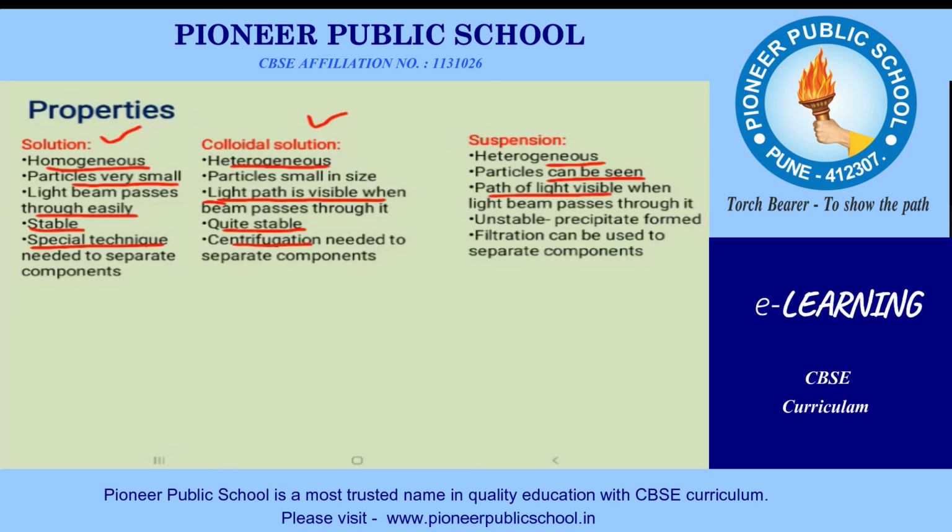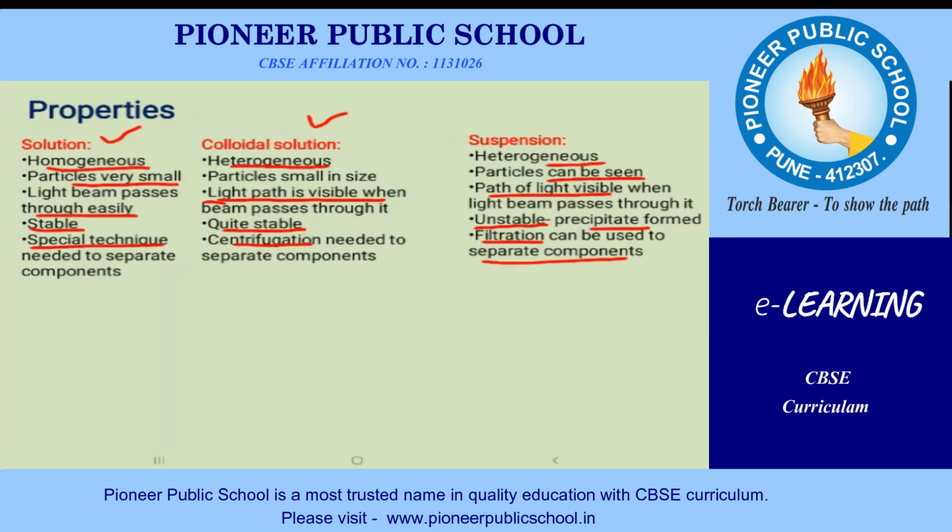This suspension or heterogeneous mixture is not stable. That is, it is unstable and it will form precipitate at the bottom of the container. Now, there are techniques like filtration with which we can separate the components of suspension.